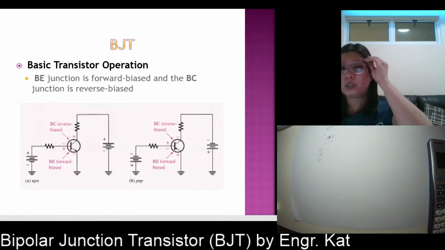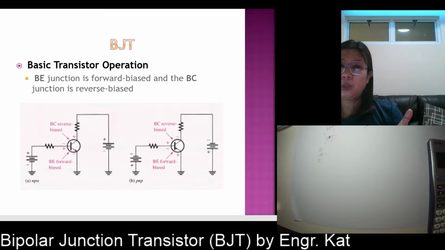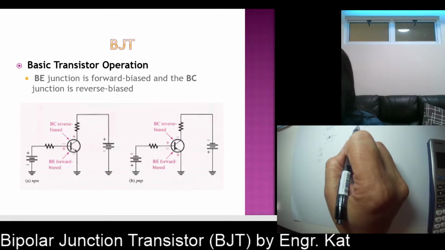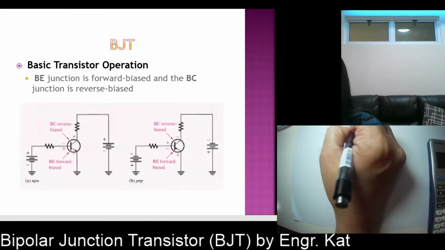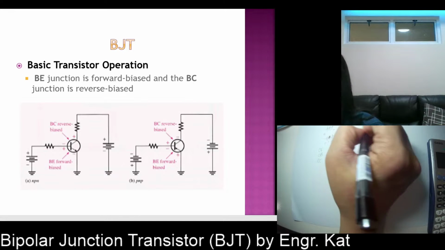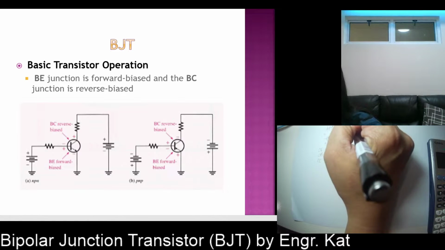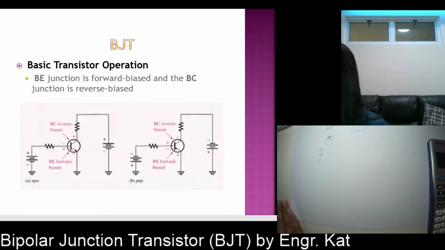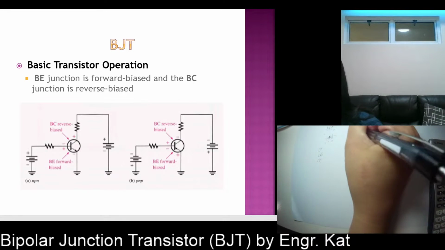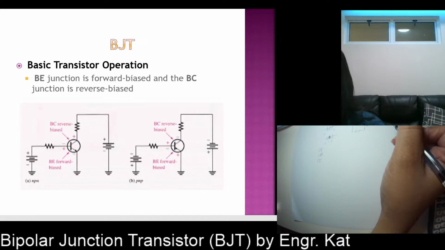So how are we going to explain this base to emitter and base to collector here? Your P-type here, this is emitter to base, so it should be forward bias. So our source here must be positive and this is negative. For the N-type, you have your negative terminal here.